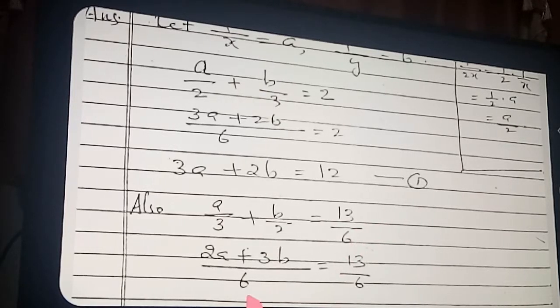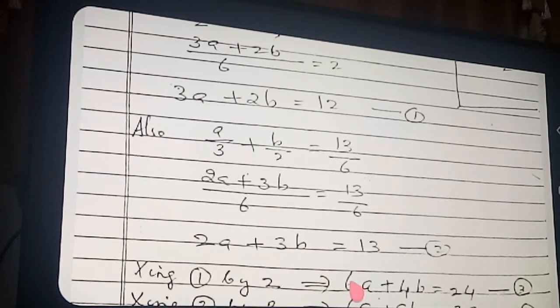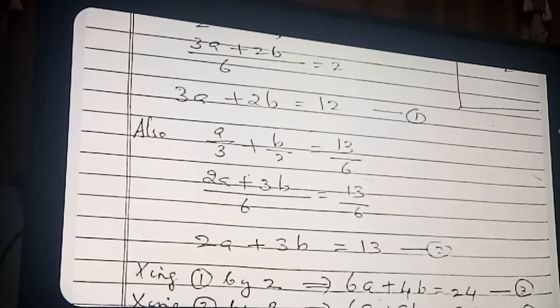Take LCM 6: 2a plus 3b over 6 is equal to 13 by 6. This 6 and this 6 will cancel. So what equation do you get? 2a plus 3b is equal to 13. So you got the two equations now: 3a plus 2b is equal to 12, and 2a plus 3b is equal to 13.